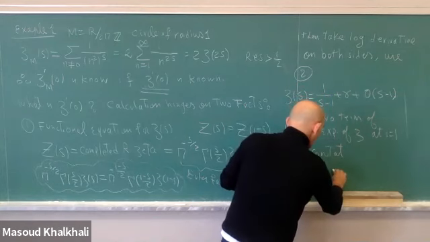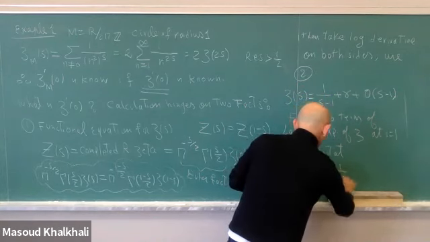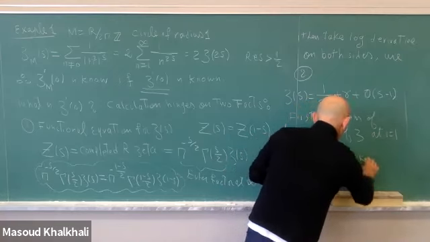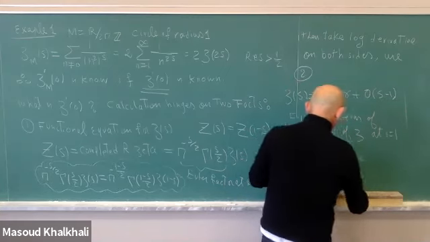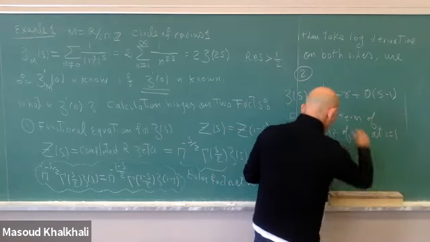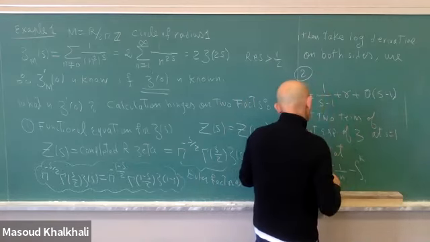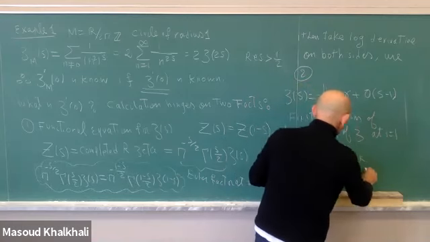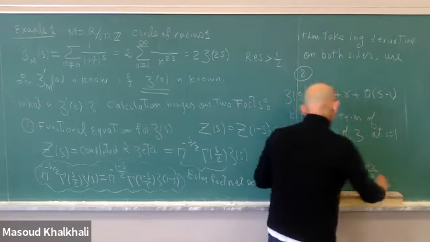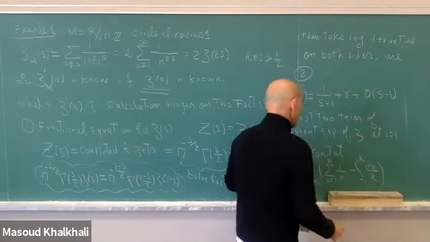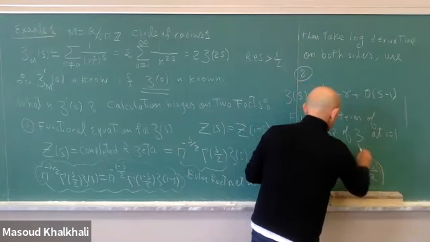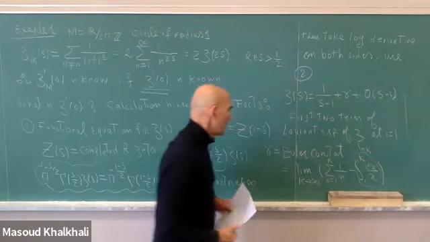So I think I just take the sum of 1 over n, from 1 to k, minus the integral from 1 to k of dx over x, which is log k. So this term is just log k.